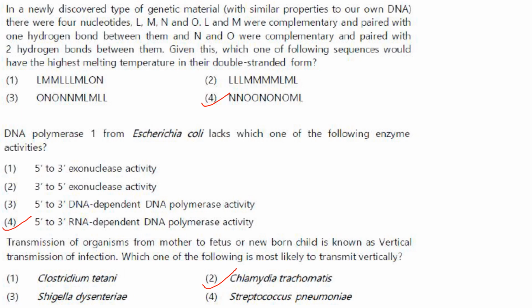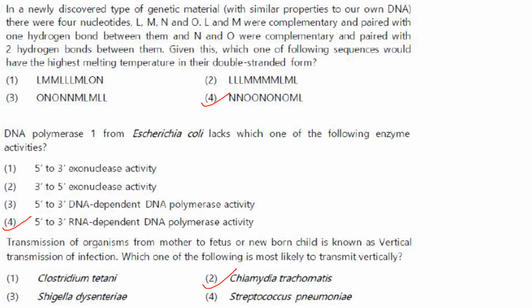So highest melting temperature in our normal DNA is for GC bonds. Why? Because GC bonds have triple hydrogen bonds between them and it requires higher temperature to break the GC bond. Now here N and O are having 2 hydrogen bonds whereas L and M are having only 1 hydrogen bond.